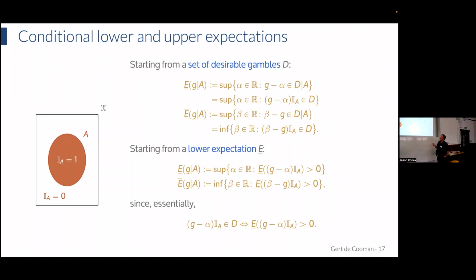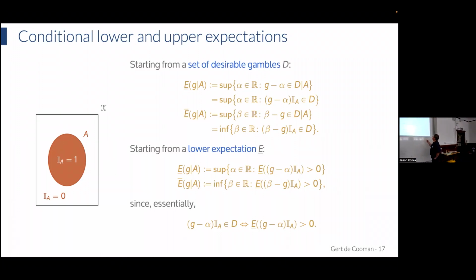Essentially, I'm going to say that the conditional expectation for G given A is the supremum buying price, not for D, but for the conditional version of D. So I'm going to condition my set of desirable gambles on A and use that conditional set of desirable gambles to define a price. That is the idea.